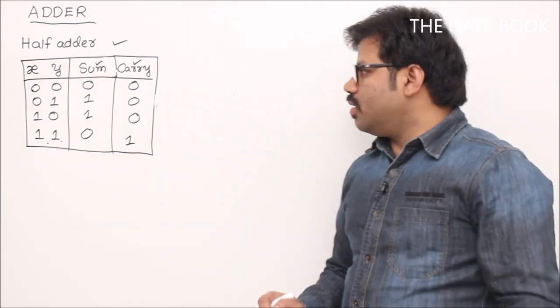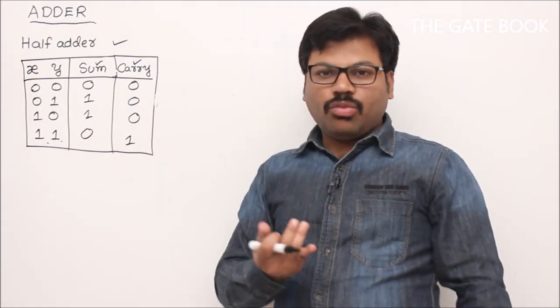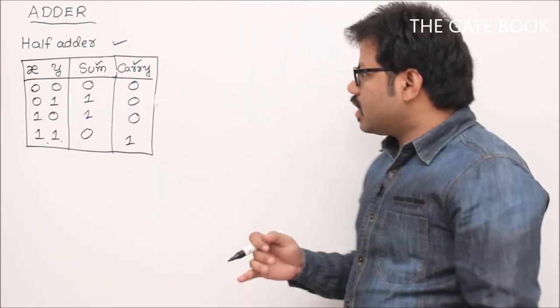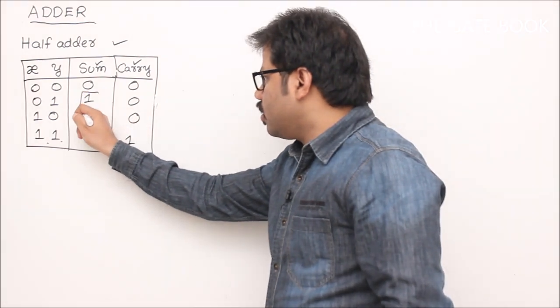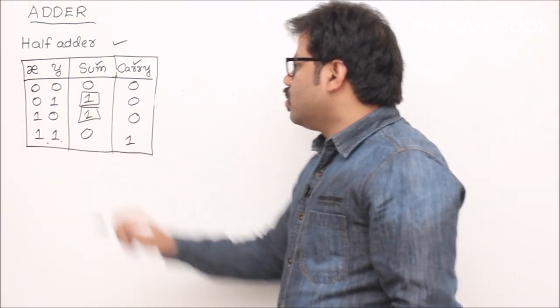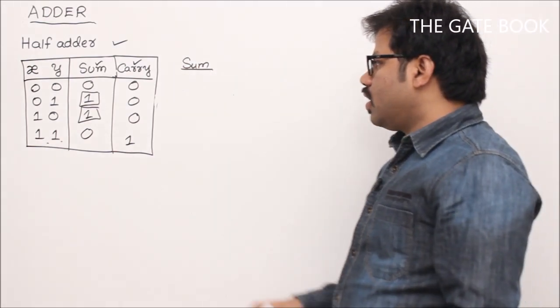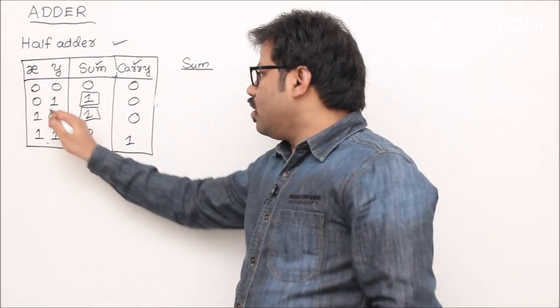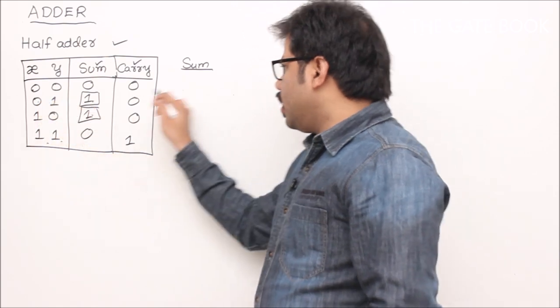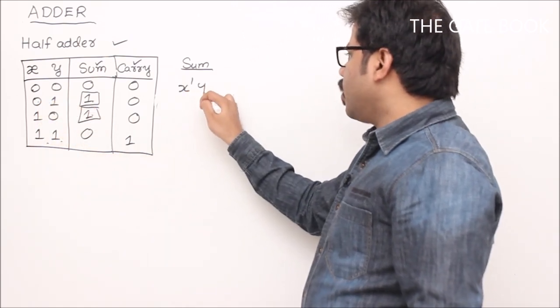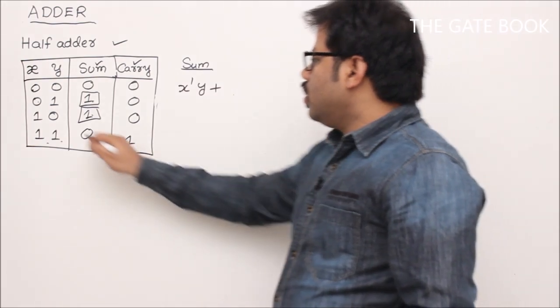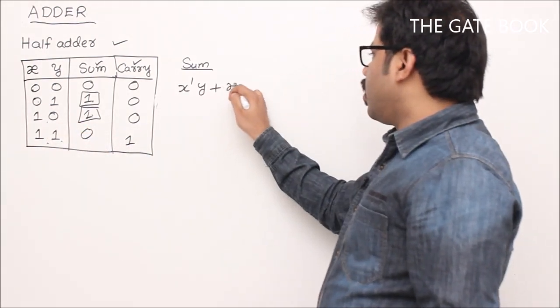The technique is very simple. First of all, realize the formula for that expression. What is the expression for your sum? See here, this one and this one is 1, right? So the circuit for sum depends on this equation. So that equation for that sum is, see, when is it 1? When x is 0, y is 1, that is x bar y, plus this one, 1 0, x y bar, correct?